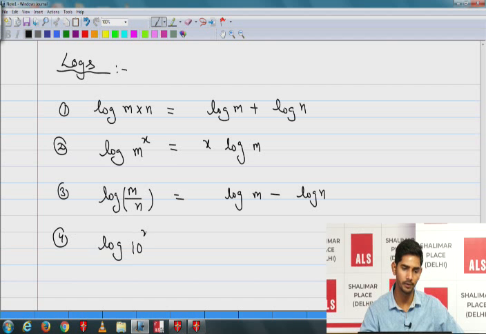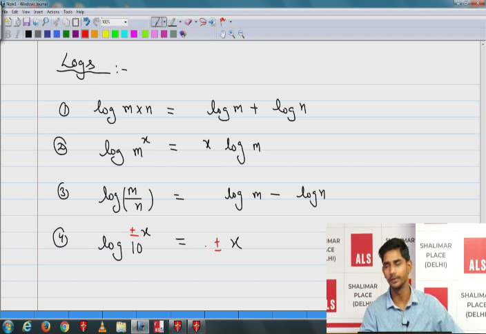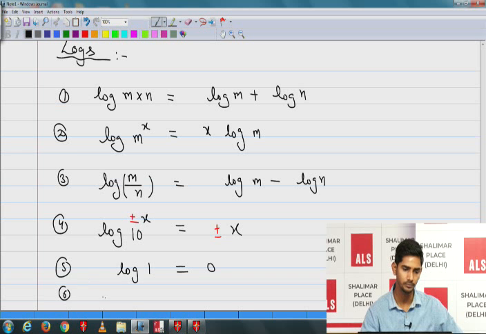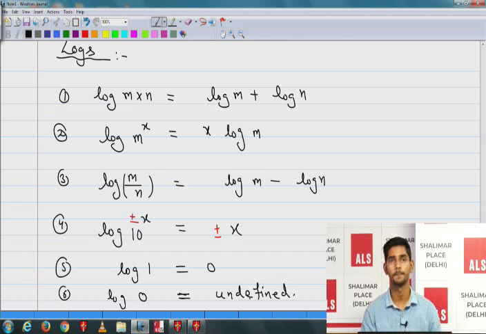Log 10 to the power x is equal to x, might be plus power or minus power, whatever it is. Log 1 is 0. Very important. Log 0 is undefined. Copy, please. Copy and then confirm.